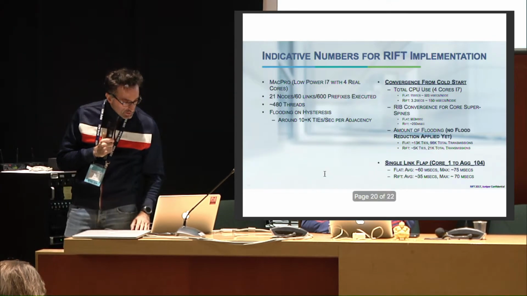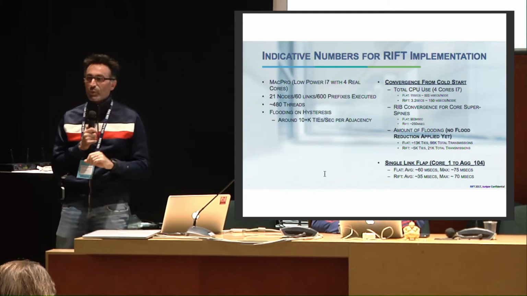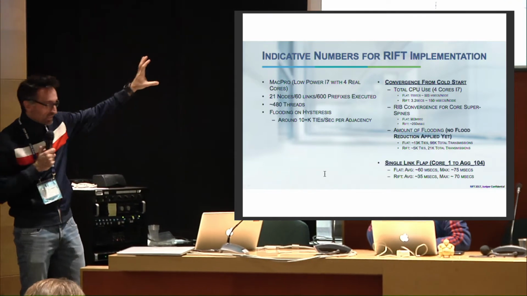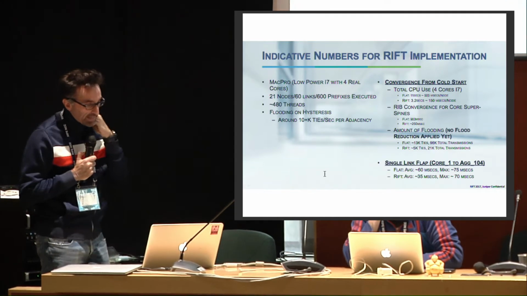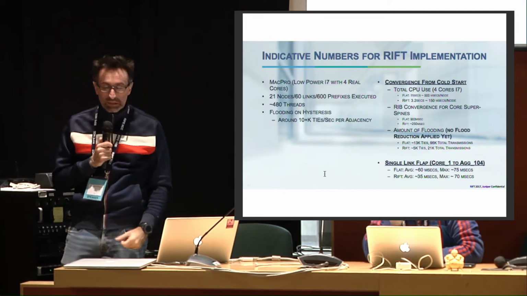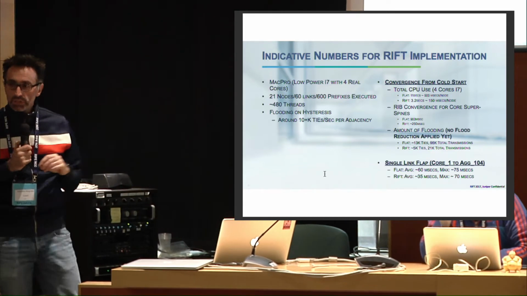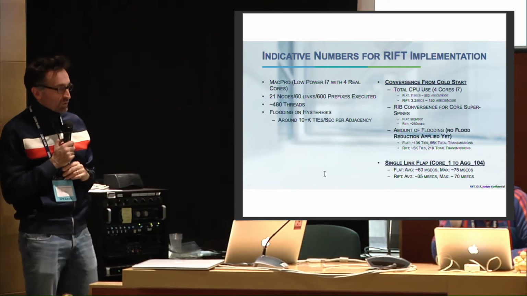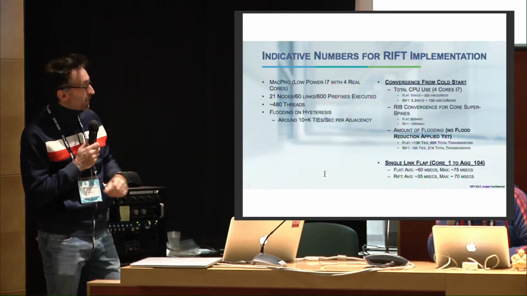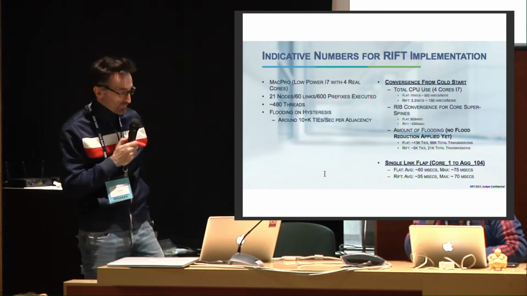And each of the leaves is advertising 100 prefixes for this particular lab. And those are simply some baseline numbers that we collected on a Mac Pro, which was powered by an i7 with 4 real cores.